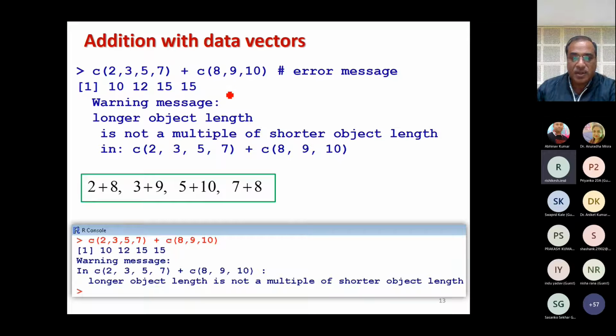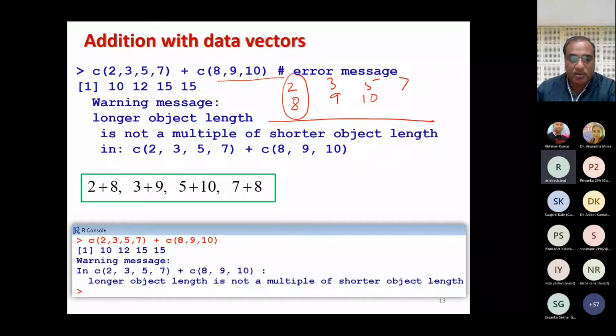If you try to understand using the same methodology: 2, 3, 5, 7. And then suppose in the second data vector you have 8, 9, 10. So I will write down 8, 9, and 10. Now it will try to add the numbers in the respective positions, as we discussed. So 2 plus 8, 3 plus 9, 5 plus 10. Now, what is R going to do here? As we discussed in the earlier example, it will try to repeat 8, 9, and 10.